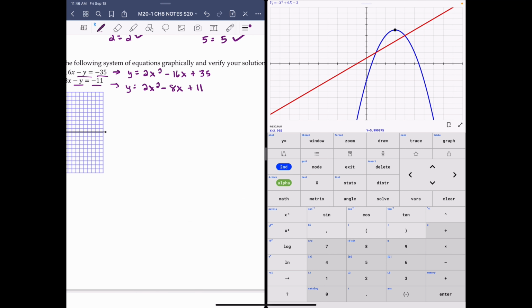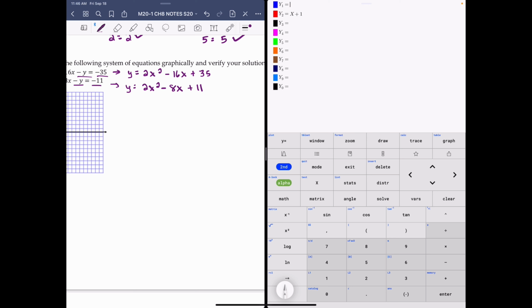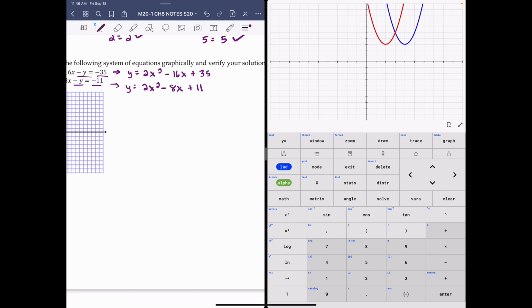Go back to my y equals, clear that, enter the first one, 2x squared minus 16x plus 35, enter the second equation, 2x squared minus 8x plus 11, graph, and there's our little picture.